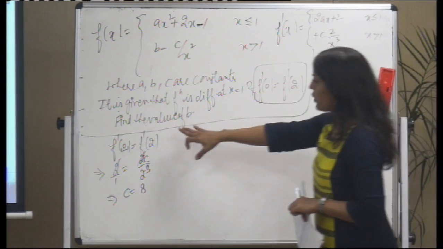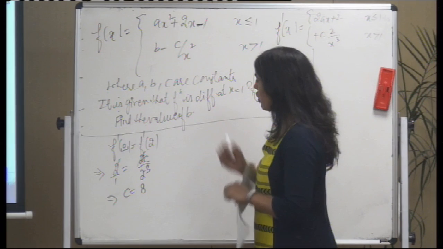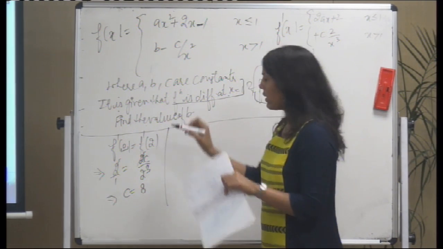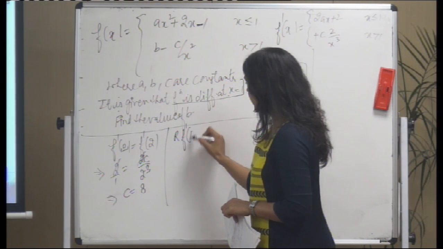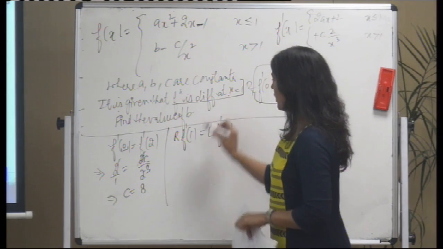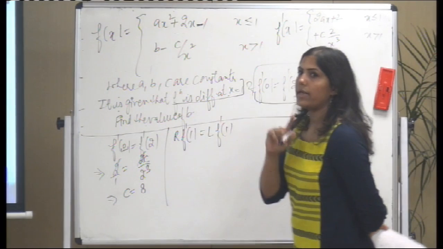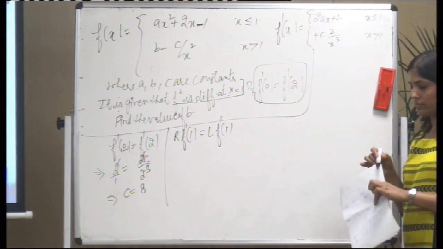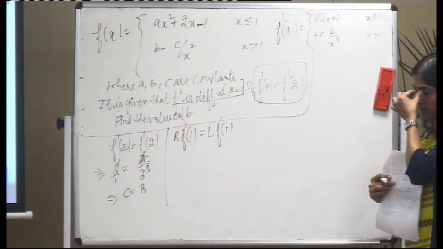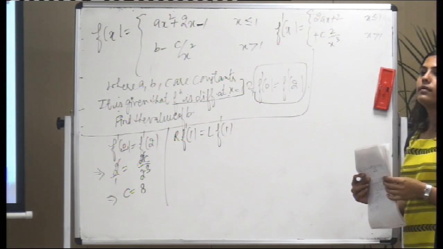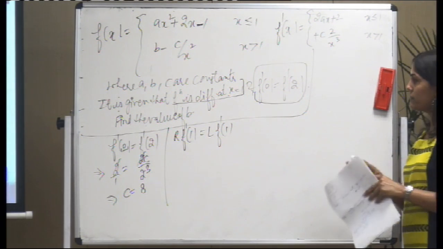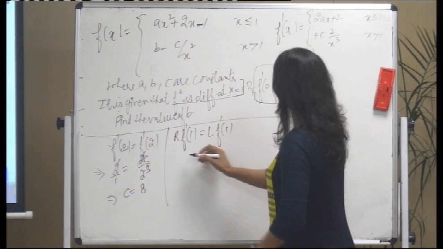Now one value I got to know, one condition. Differentiability at x = 1 means the right hand derivative at 1 equals the left hand derivative. So tell me please the right hand derivative value at 1, and then the left value. 16.